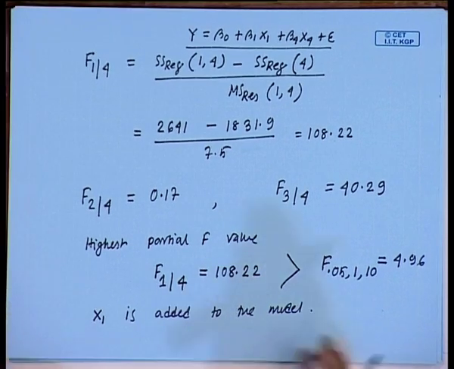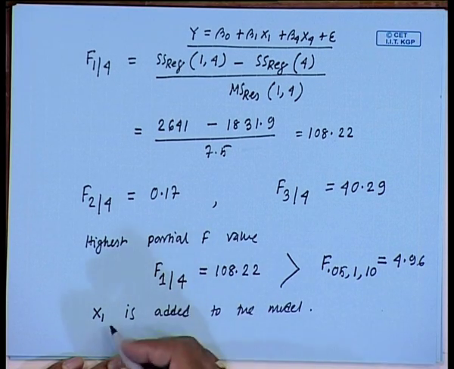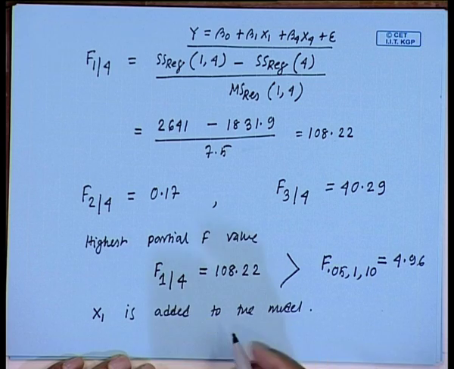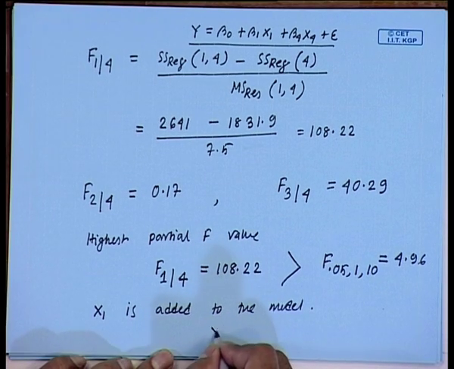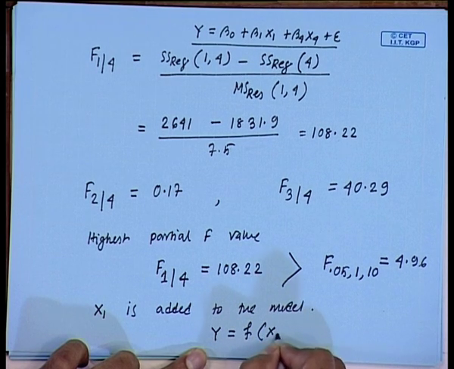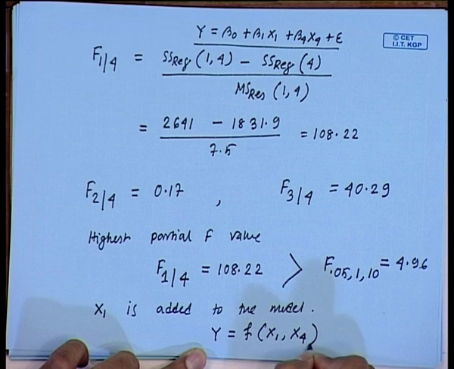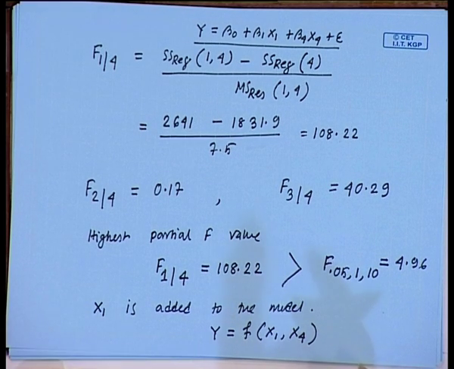Now, my model consists of two selected regressors. So, y is now a function of x1 and x4.